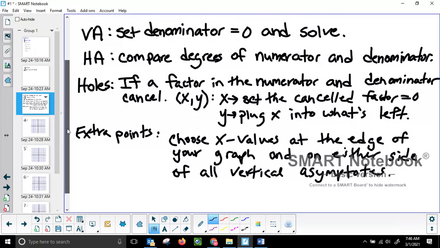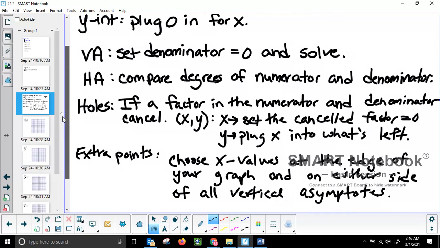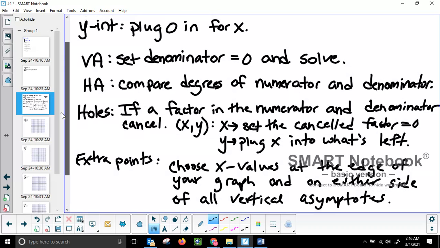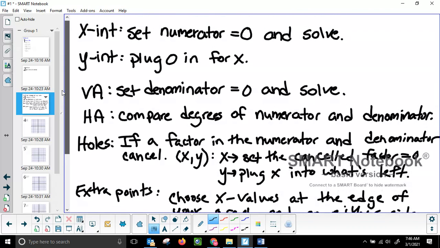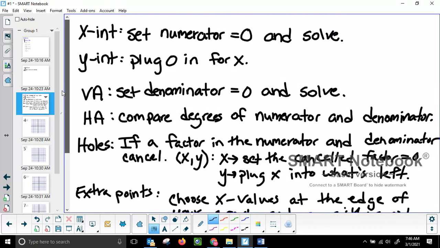All right, so that's all of the things that we are going to want to do to graph rational functions.